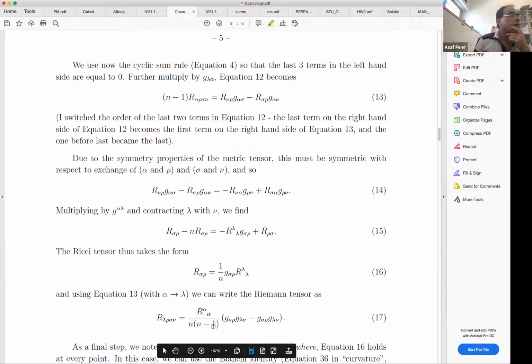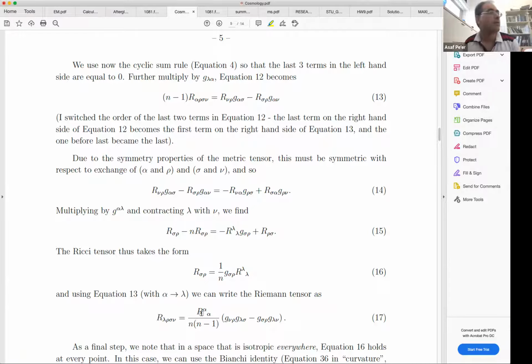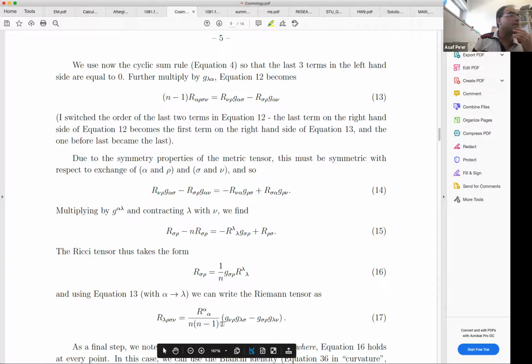So this is just R alpha alpha, it's just a dummy index, divided by n times n minus 1 times G nu rho G lambda sigma minus G sigma rho G lambda nu.